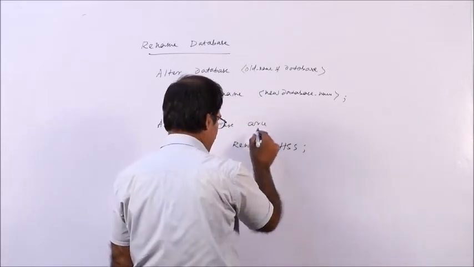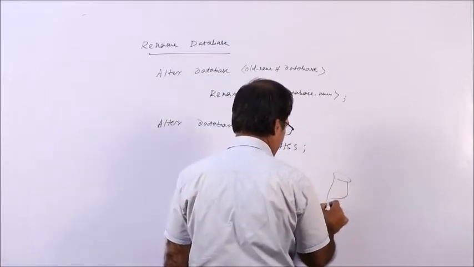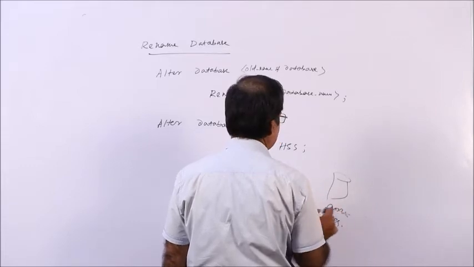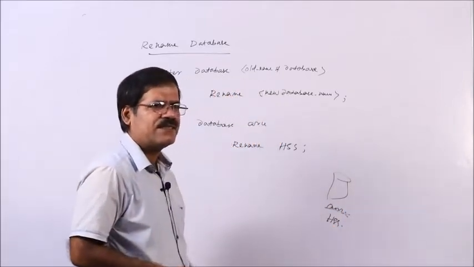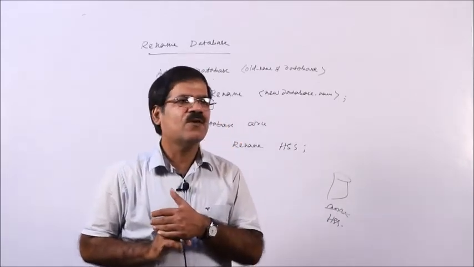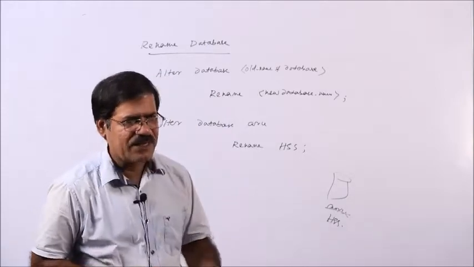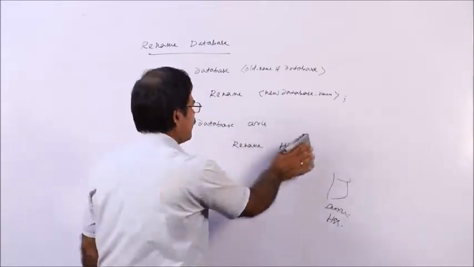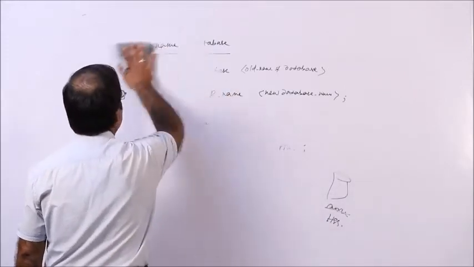So, the old name is Aru, and now it is replaced by HSS. Whatever name you give depends upon you. You provide the old name and the new name for this particular database. That is called renaming.